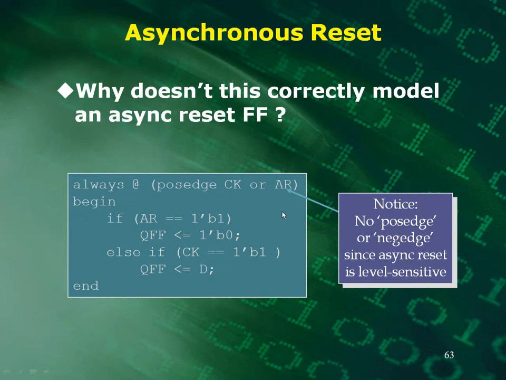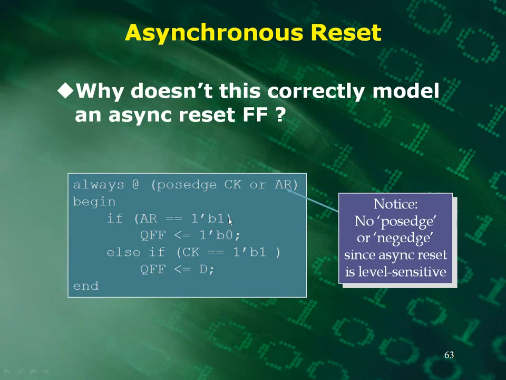Here we've said, at the positive edge of a clock, we're doing our non-blocking assignment, so it's going to be a flip-flop. We've said on either edge of the asynchronous reset, we come along, if it's high, then we set the flip-flop to 0. Otherwise, we check to see if the clock is high, and we set the Q flip-flop to D.